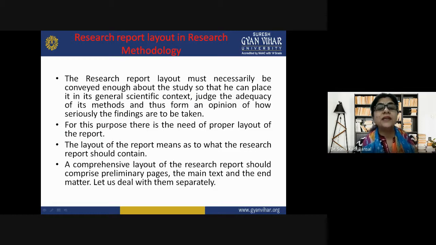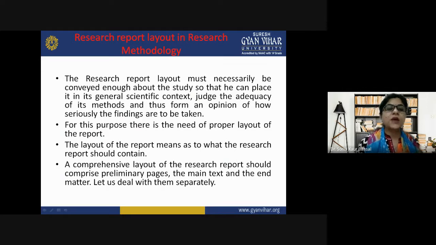Reading a well written research report should provide you with all the information you need about the core areas of the research process that the investigator has adopted.